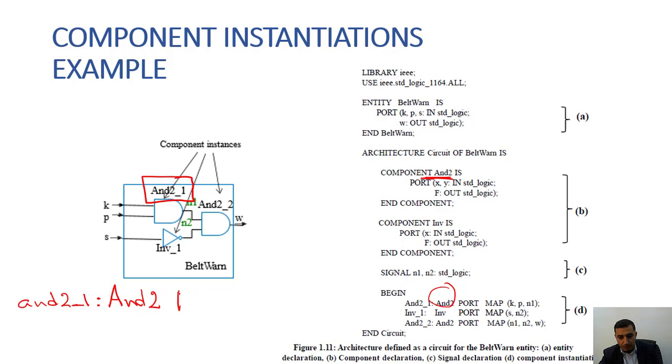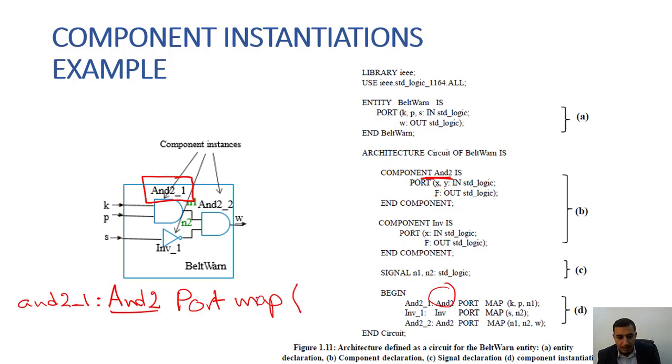Then port map. Port map is connecting the ports. Now, and2 has 3 ports, X, Y, and F. The sequence is X, Y, and F: input, input, output.